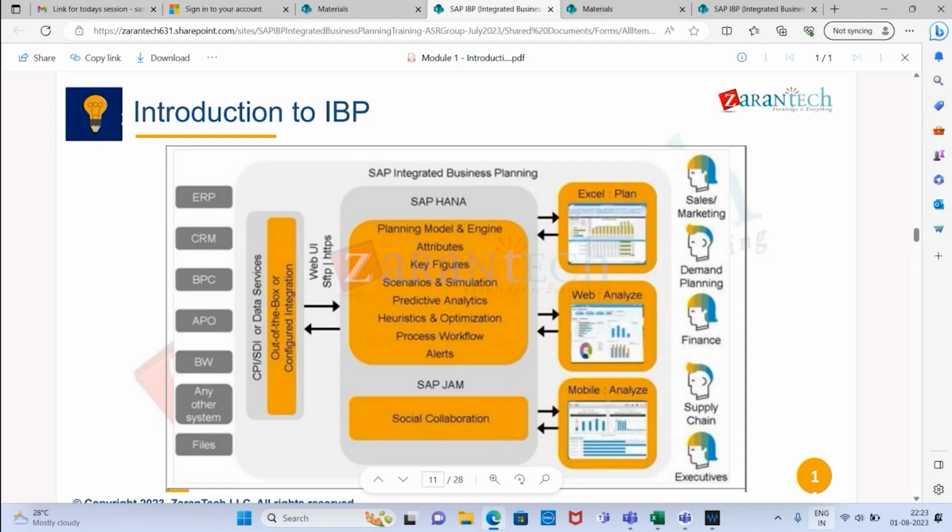So what MRP does basically is it considers all the factors. Just to give you an example, if for a product A there is a forecast of, let's say, 100 pounds, and you have a stock of, let's say, 20 pounds in your warehouse, the system will consider the input as the customer order or forecast of 100 pounds.